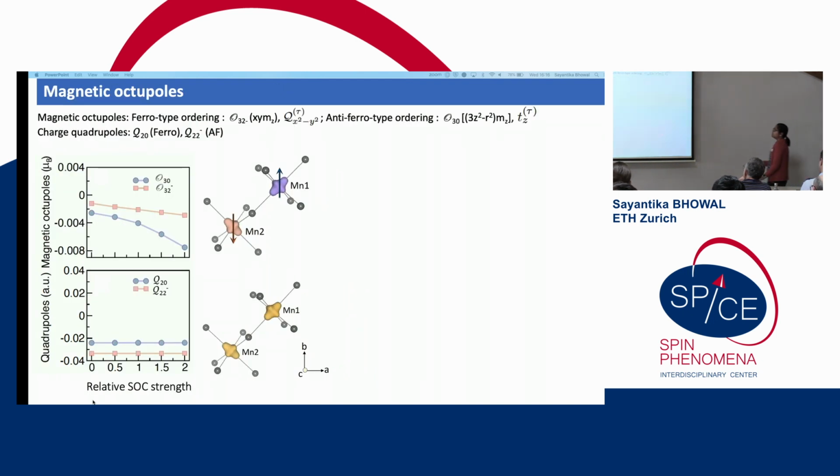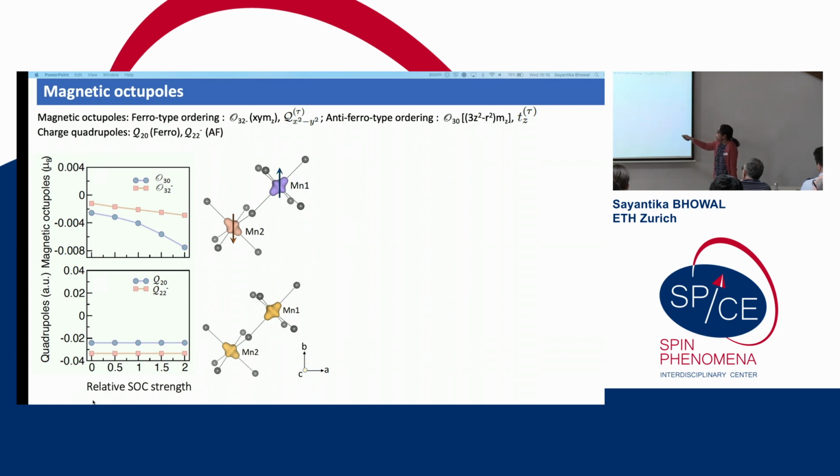So in MnF2, we did the multipole analysis within the density functional theory based framework, and here we find that there are 4 non-zero components of the magnetic octupole moment. 2 of them have ferrotype ordering, whereas the rest have antiferrotype ordering.